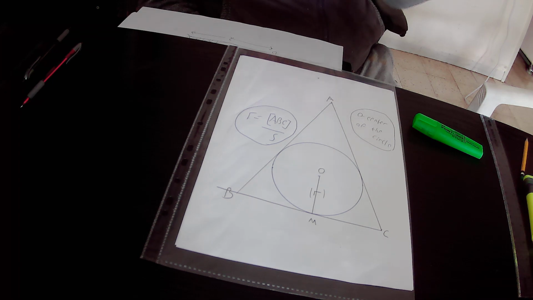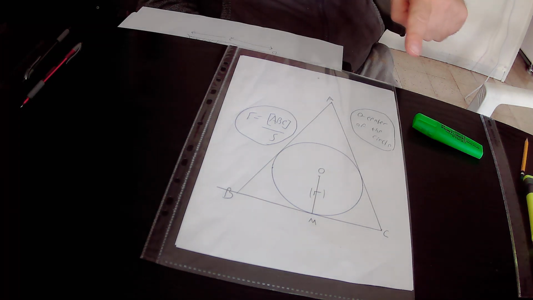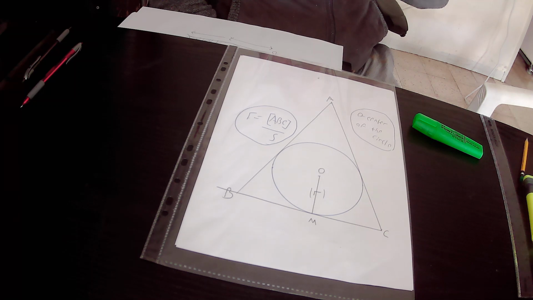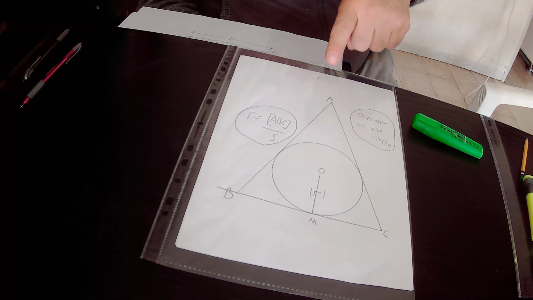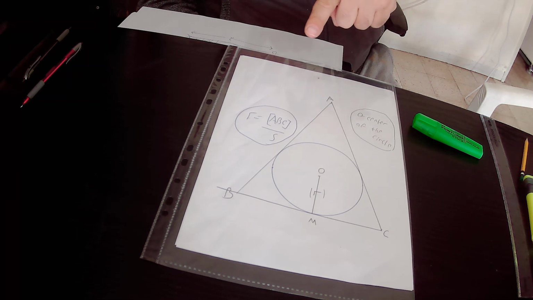The semi-perimeter of any triangle equals the perimeter over 2. The perimeter is the sum of the side lengths of the triangle, that is to say AB plus BC plus AC. And if we divide the perimeter by 2, we get the semi-perimeter S. So we can actually implement rule number 15 in our drawing.